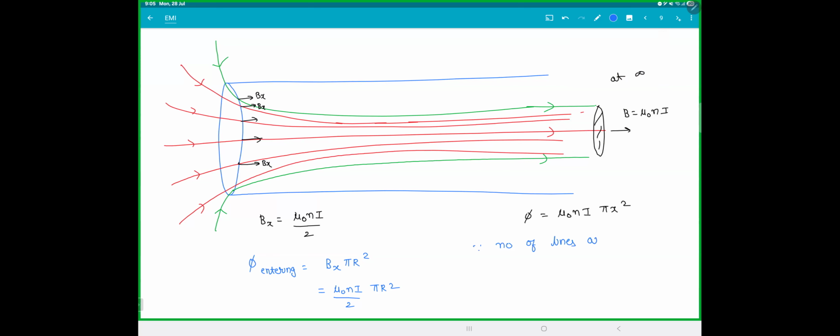So mu naught Ni by 2 into pi r square equals mu naught Ni pi x square. X is equal to r by root 2.